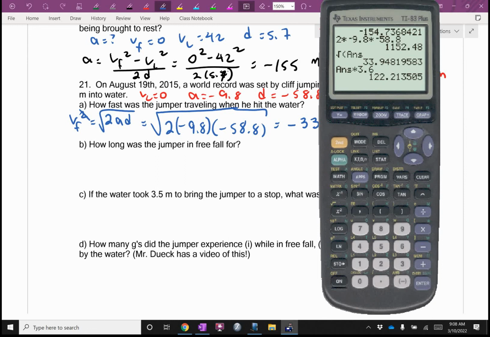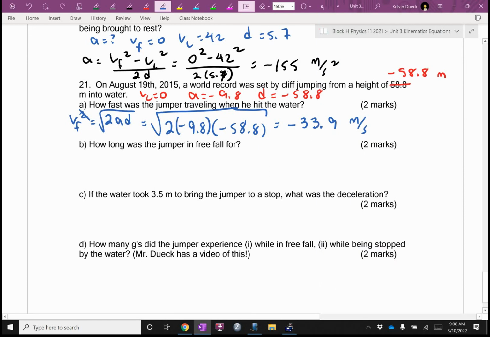It's pretty fast. How long was the jumper in free fall for? I think I would use D equals AT squared over 2. VI is 0. I know A. I know D. They want me to find T. How would I get the T by itself? Again, it's going to be times by 2. Divide by A. That gives me T squared.